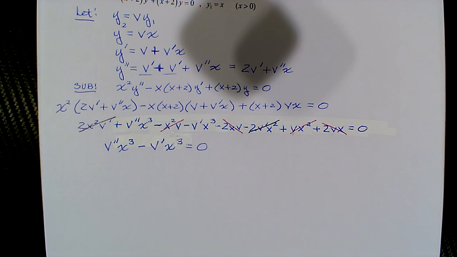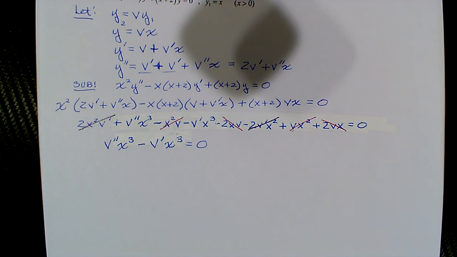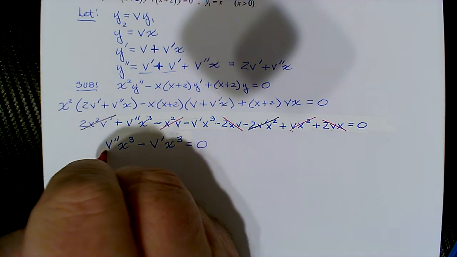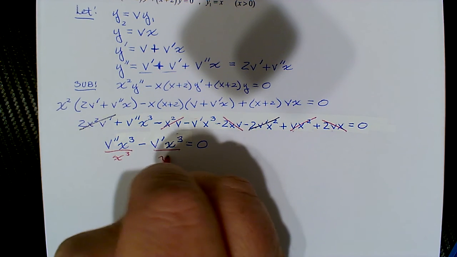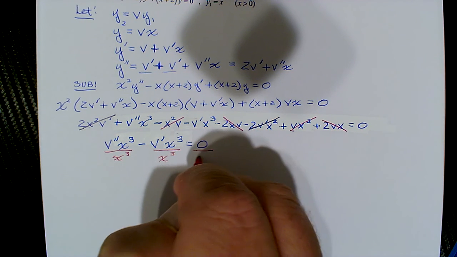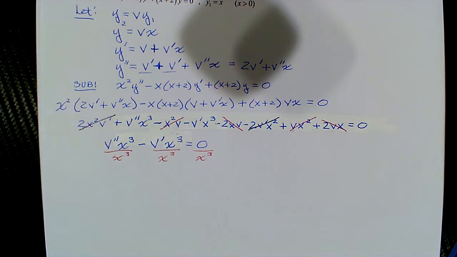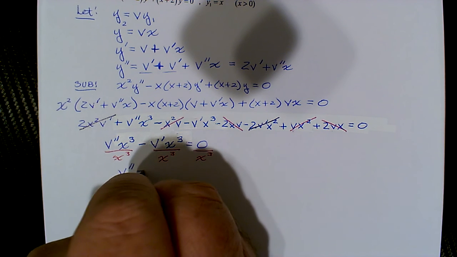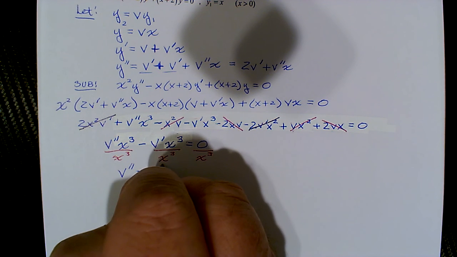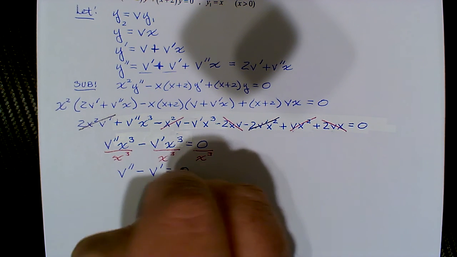And if we divide out the x cubes at that point, we just have v double prime minus v prime equaling 0.